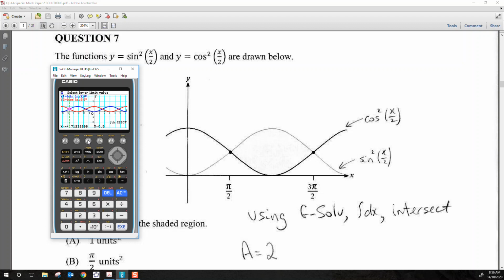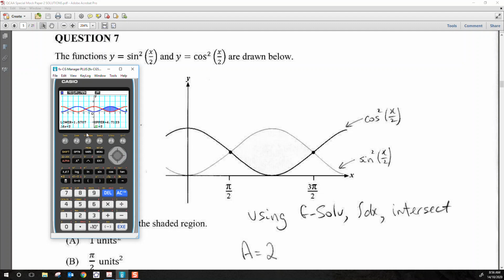Now the problem with my view is that I've got lots of intersections, so I'll just hit the right arrow until I get to the one I want for the lower limit. Now I'll hit enter, so it locks it in. Then I'll just hit the right arrow again to select the upper limit, which is the one we're interested in, and I'll hit enter. It shades the thing, and there we go.